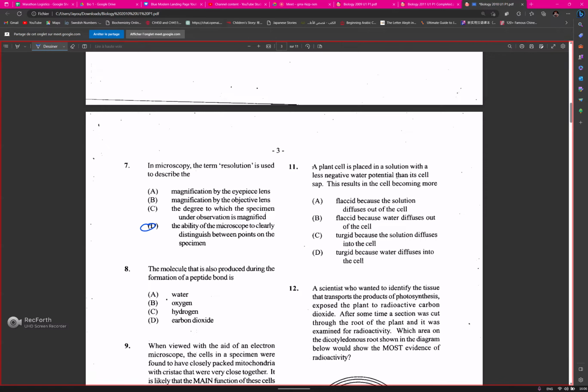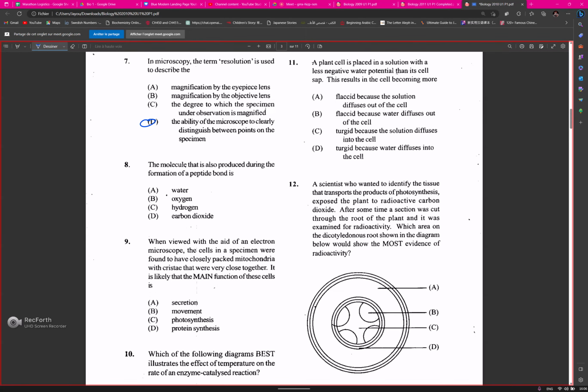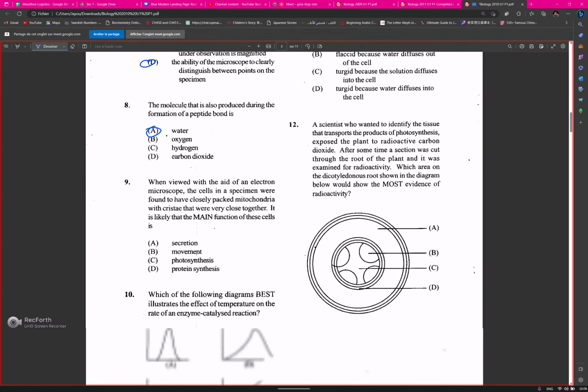Alright, D. The molecule that is produced during the formation of a peptide bond, right? Water, it's condensation. When viewed with the aid of an electron microscope, the cells in the specimen were found to have closely packed mitochondria with cristae that were very close together.